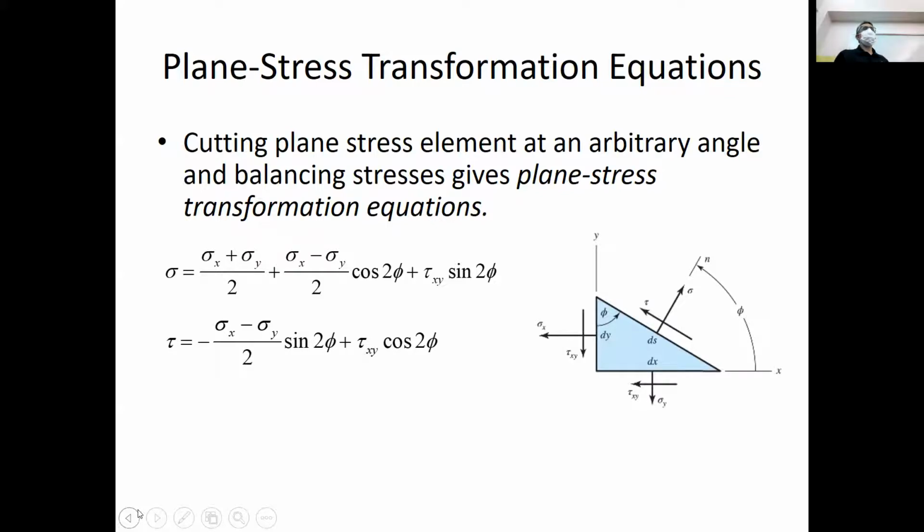Next, we look at plane stress transformation. Remember that when I pick the X, Y, Z directions, these are arbitrary. But I may or may not be hitting the most critical directions. And when I say most critical, the one that would give me principal stresses or maximum shear stresses.